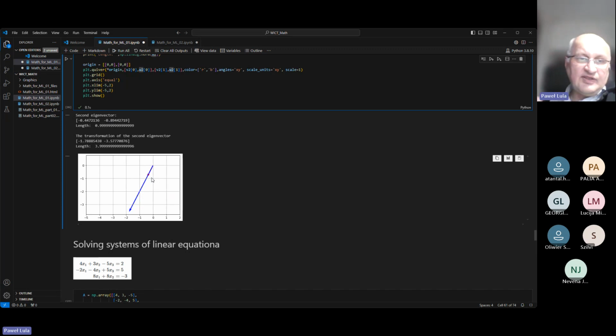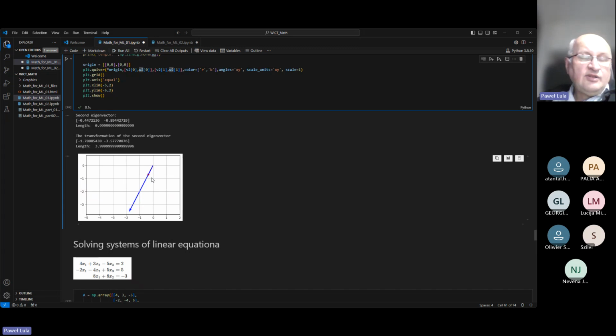Eigenvectors are a group of specific vectors which are defined for a given matrix, because they can be defined only in the context of a given matrix. And these vectors are transformed by this matrix in a very friendly way. This transformation does not change the direction.